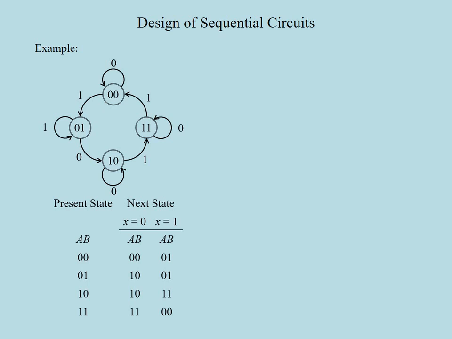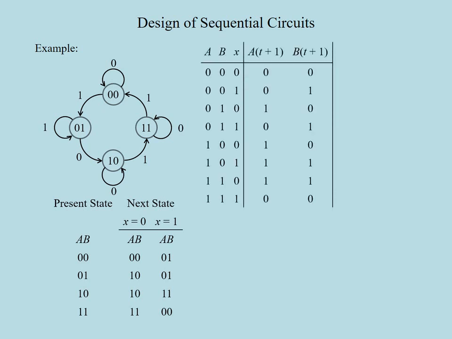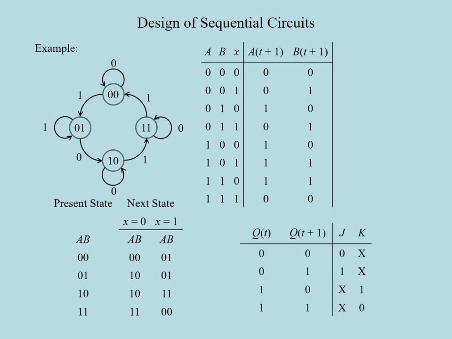All this brings us to the preparation of the excitation tables. To do this, let us rewrite the state table so that the present states and the input X appear on the input side of a truth table. Also, keeping the excitation table for the JK flip-flop at hand will prove to be useful.